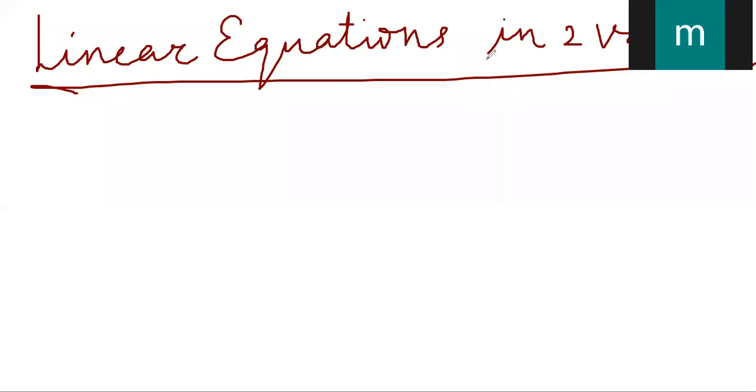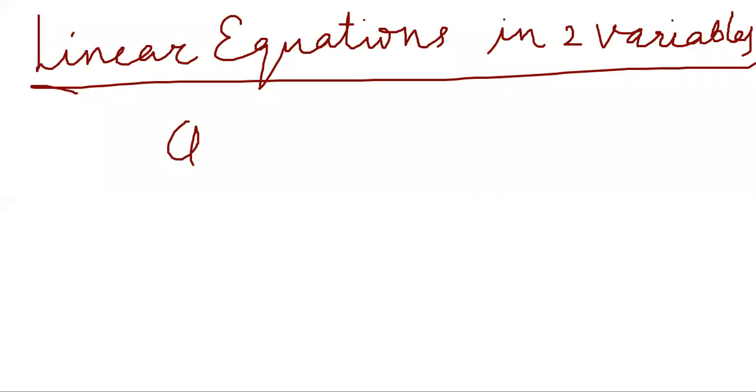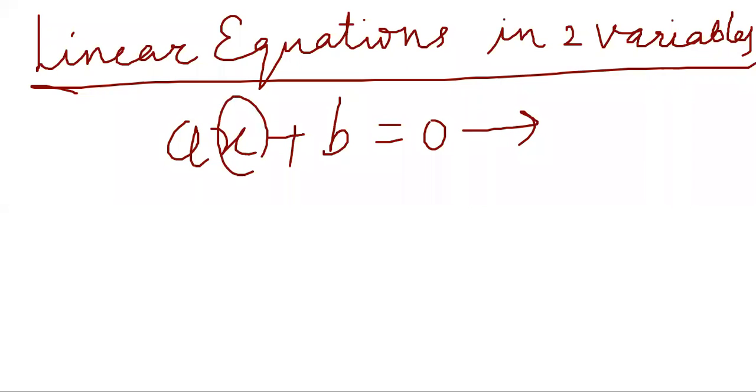So firstly, let's understand what are linear equations in two variables, as we have done linear equation in one variable previously. What was that equation? That equation was ax plus b equal to 0. Here we are using one variable.